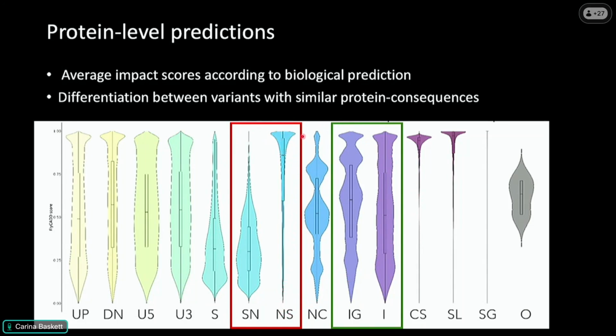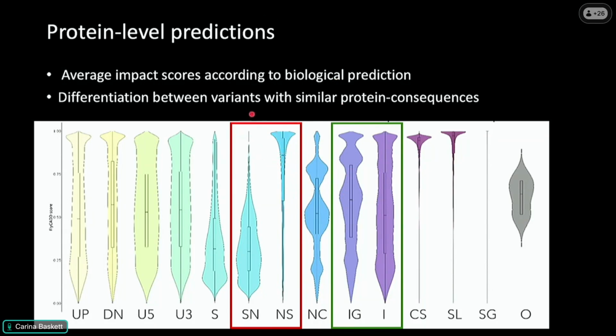So this is what you would expect, because these are the kind of mutations that will affect the protein structure. And of course, there is variation. Not every non-synonymous mutation will have the same phenotypic impact. But this is basically the kind of scores you get for these types of SNPs.